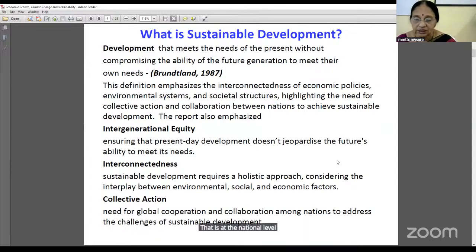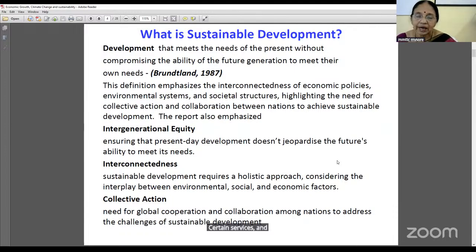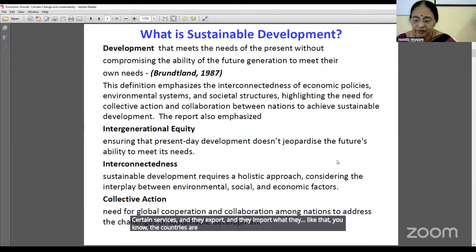But at the international level, countries depend on each other for several things. Some countries will have an advantage in the production of certain goods and services, and they export, and they import what they need.